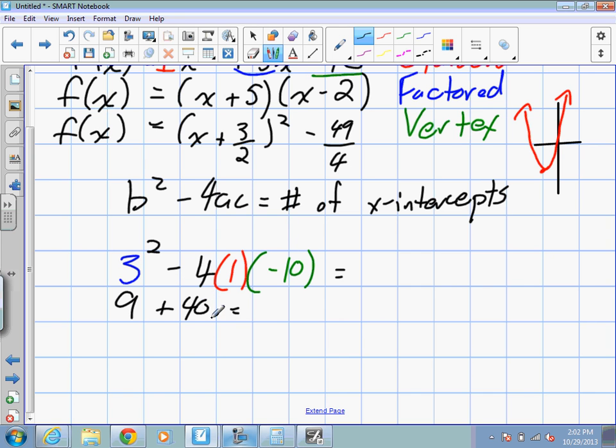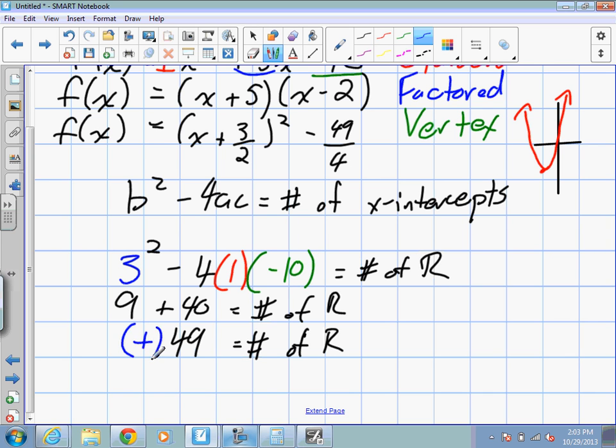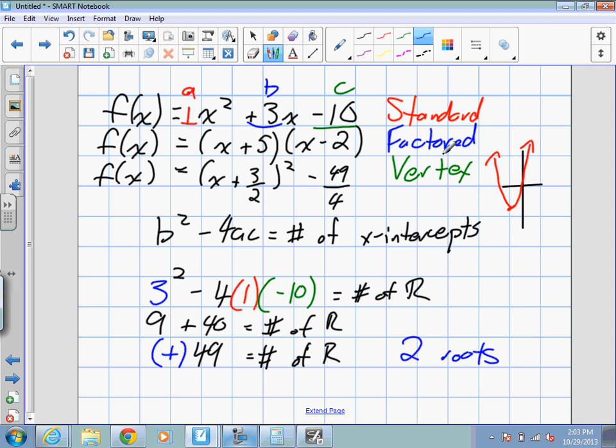So if you just say number of roots, you can also put a letter D here if you wanted to use that as a description. Because this is a positive value, how many roots do we have? 2 roots. So the discriminant told us, which we already knew from the factored and vertex form, that there are 2 roots involved in this question.